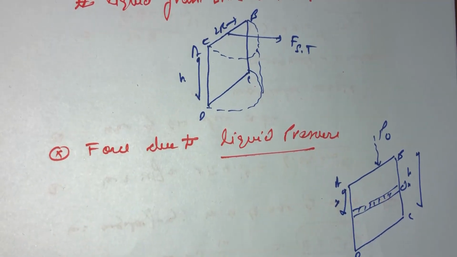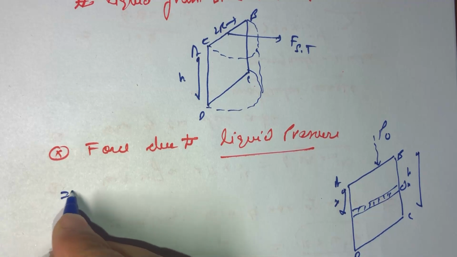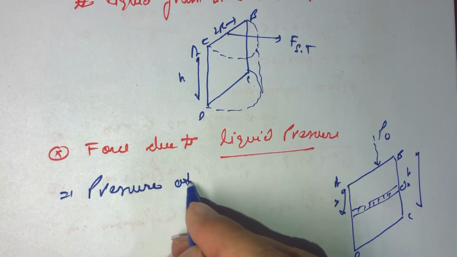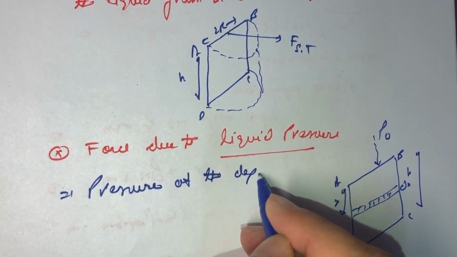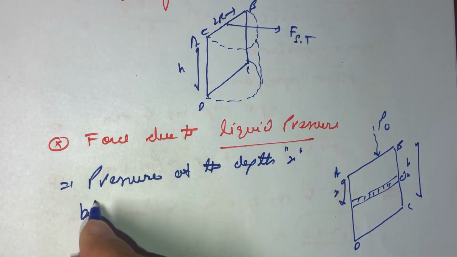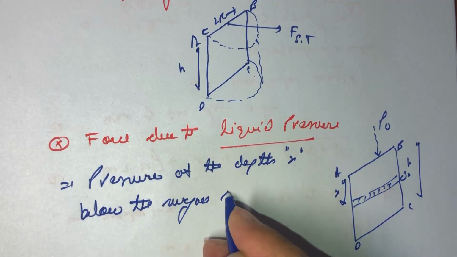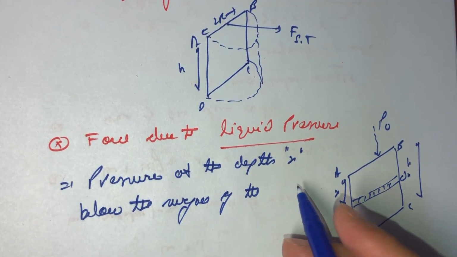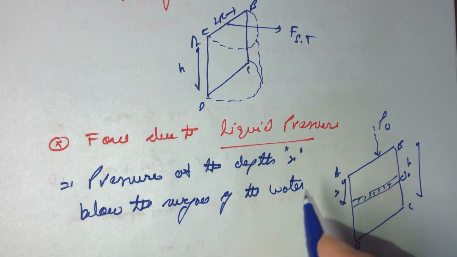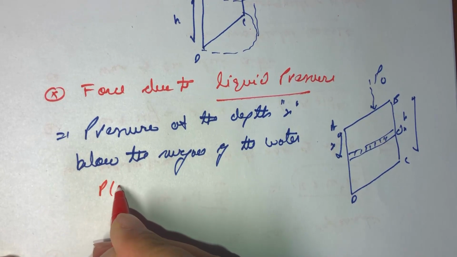So you can say the pressure at the depth x below the surface of the liquid, which is water in this case, and let us suppose that is given as P of x.